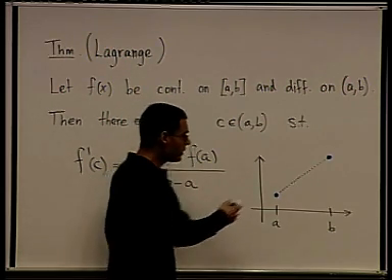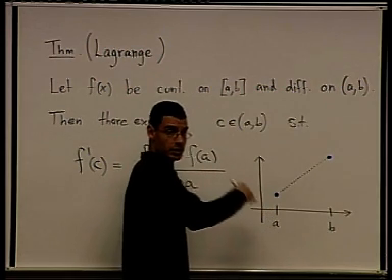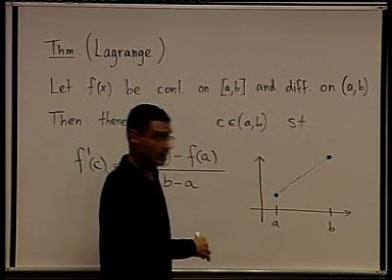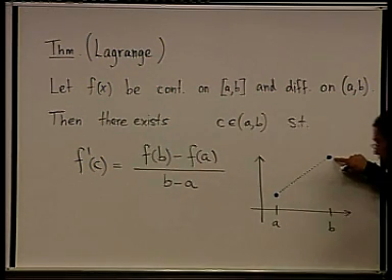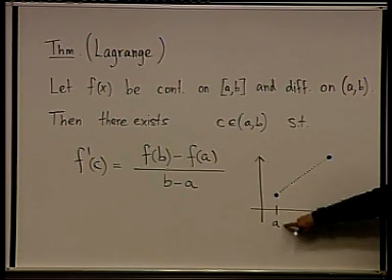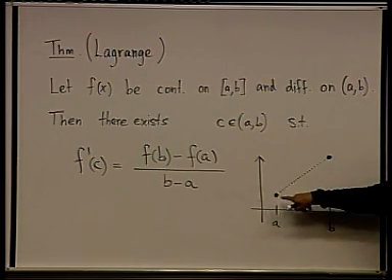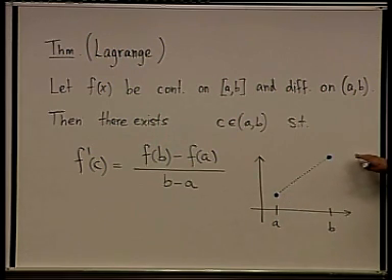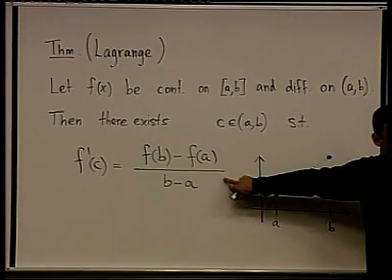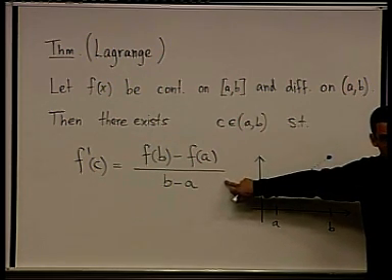It's the difference of the y values divided by the difference of the x values of the two points. So this point is the point b comma f of b, and this point is the point a comma f of a. Do you agree? And the difference of the y's divided by the difference of the x's is precisely this term we have here.